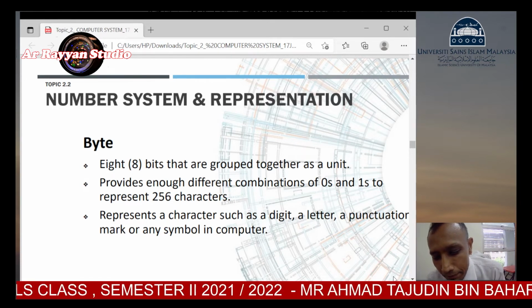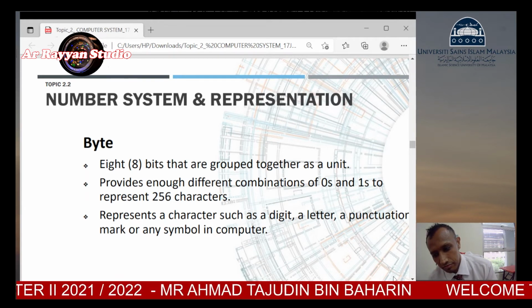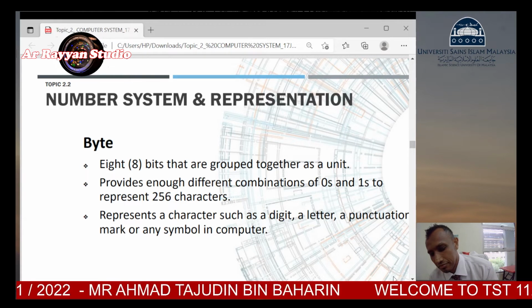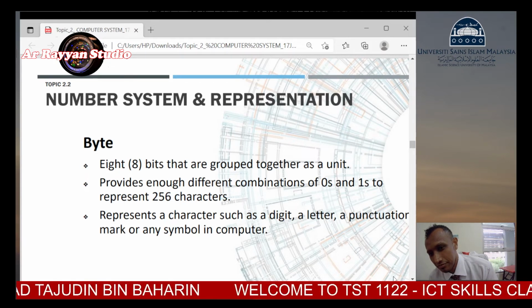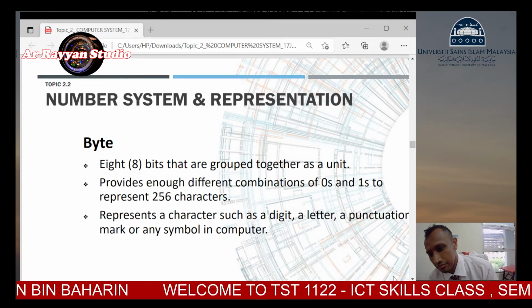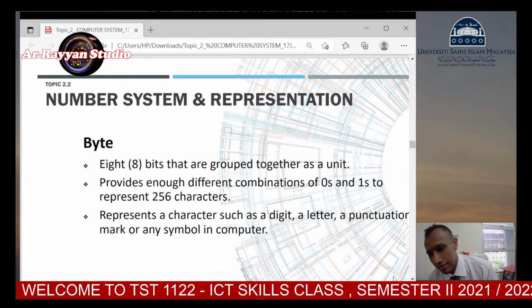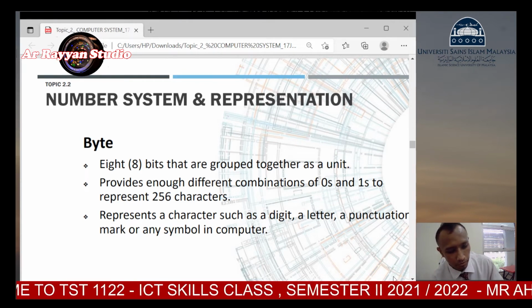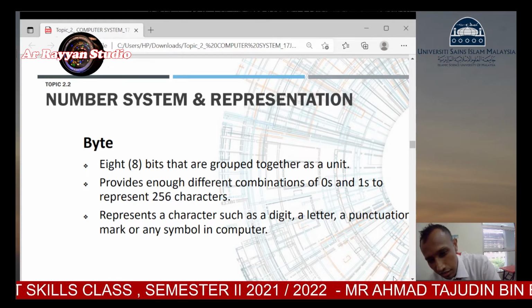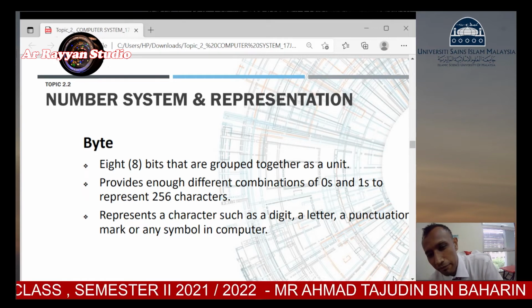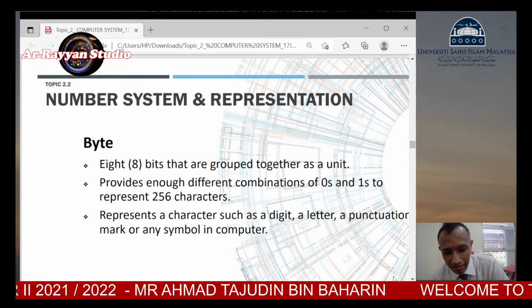Keyboard ada berapa button? Senyap je. Dah kira belum? 82. 82? So kenapa dia ada 256? Ada yang caps lock kena, ada yang kena shift.